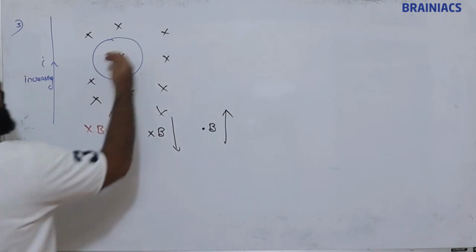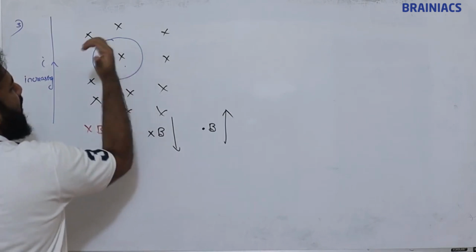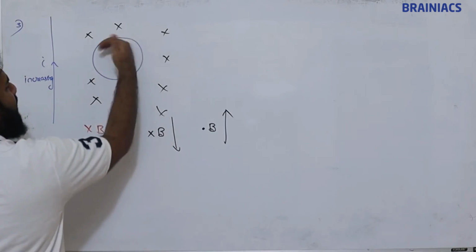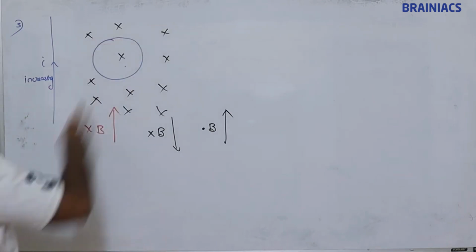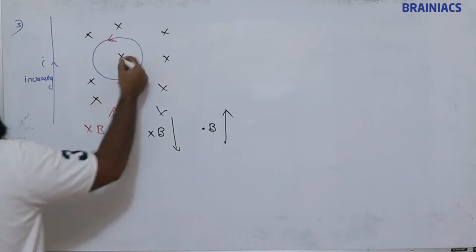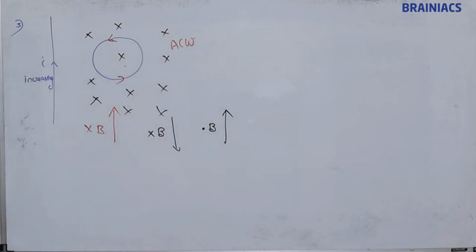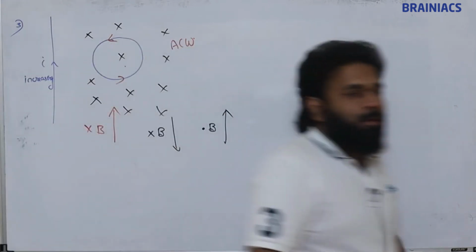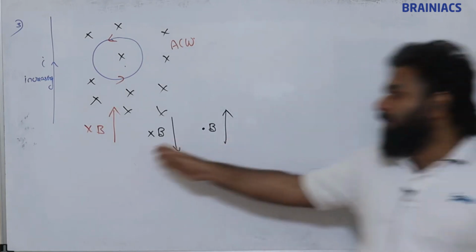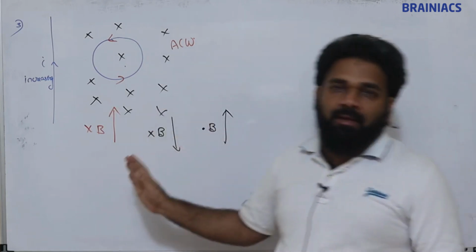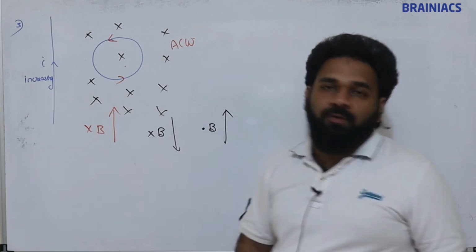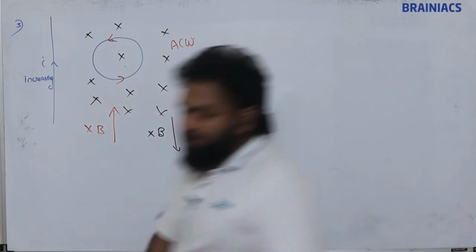To make a dot magnetic field that is coming out, the current direction should be like this, which is nothing but anti-clockwise. Clear? Whatever is happening there, we should create exactly the opposite here. For that, that is the direction of the induced current. That is a simple concept.